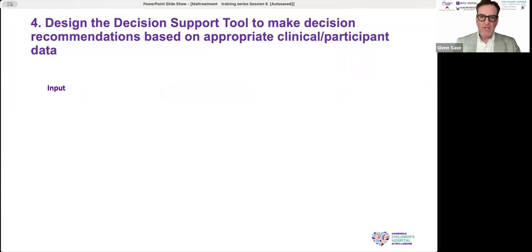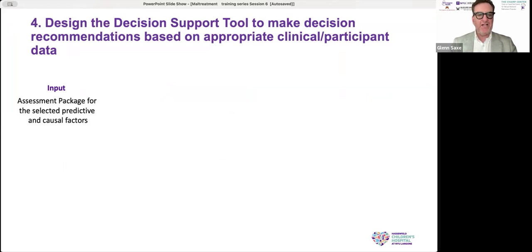So a tool is essentially three steps. There's input. So whatever you've arrived at with predictive and causal variables, that needs to be assessed with people, people you think will be at risk, that sort of thing.